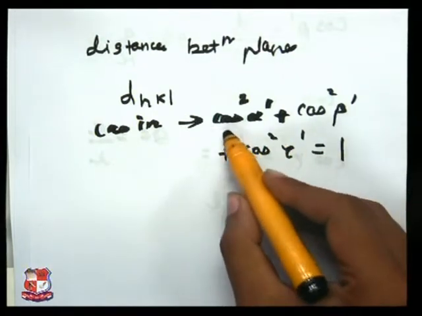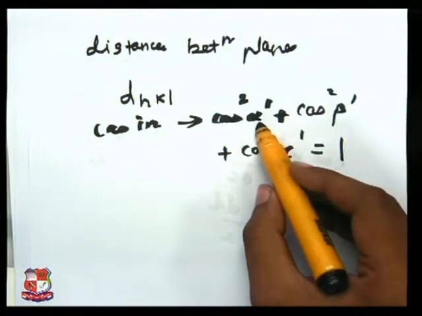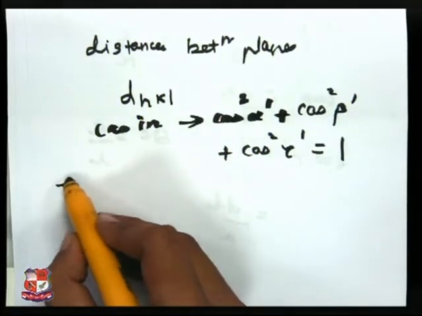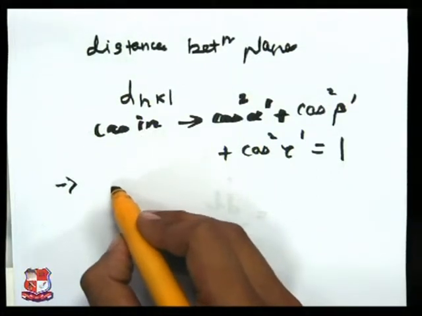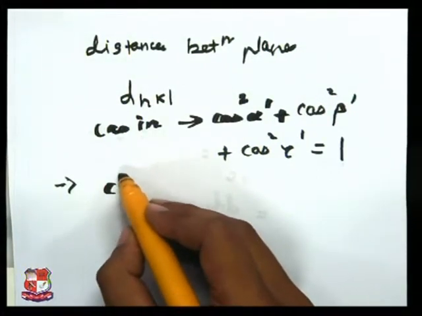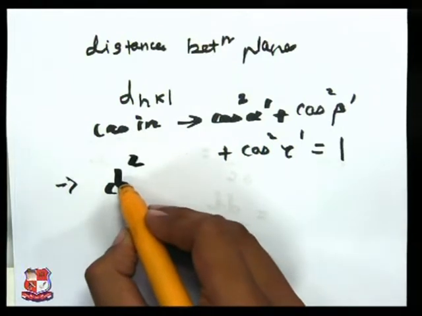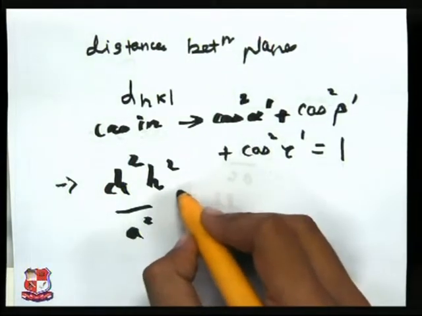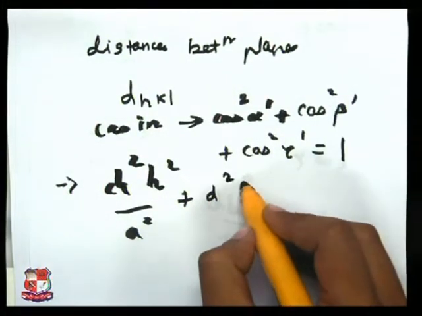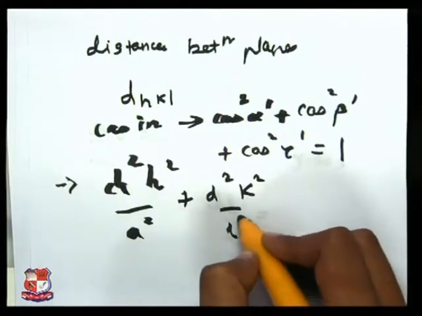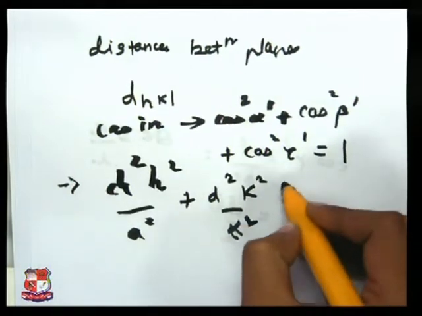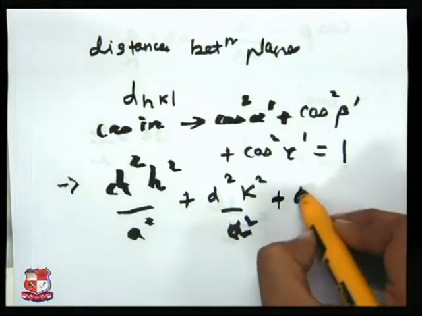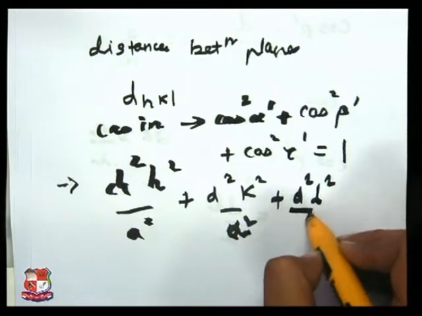Now if we substitute the values of cos square alpha dash, cos square beta dash and cos square gamma dash, we can write that d square h square upon a square plus d square k square upon a square plus d square l square upon a square, equal to 1.